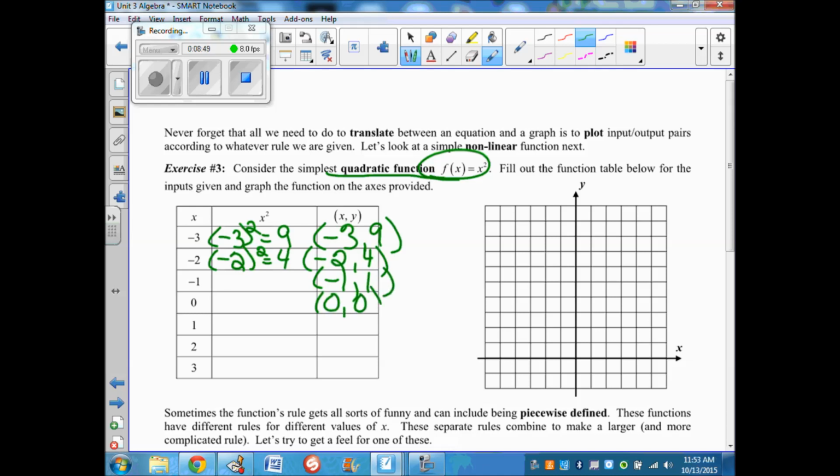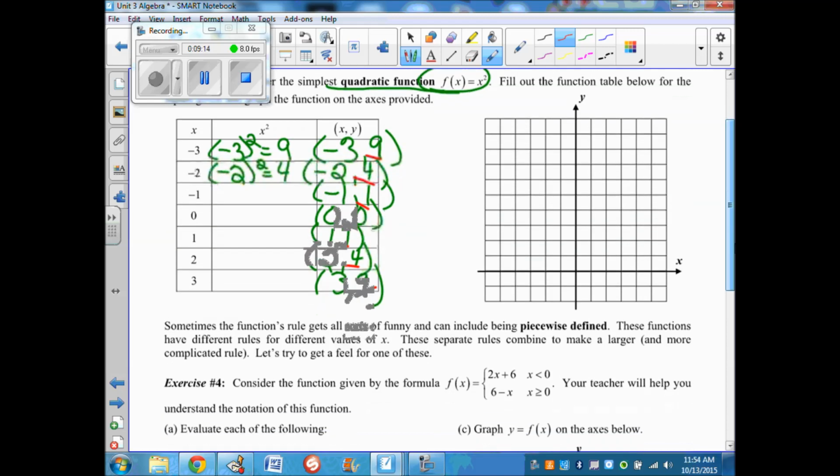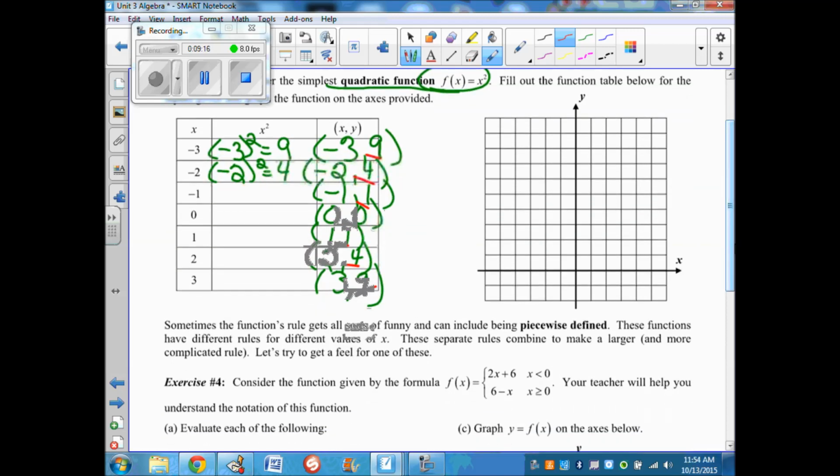If we square 0, we get 0 back again. 1, 1, 2, 4, and 3, 9. Hopefully you're seeing some patterns happening, especially with the outputs with a quadratic. If you look down your outputs, hopefully you're seeing some kind of pattern there, which is by no coincidence. That always happens.